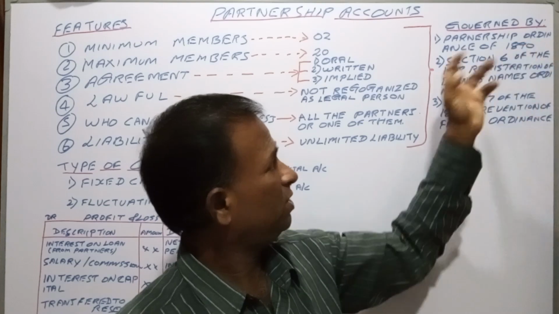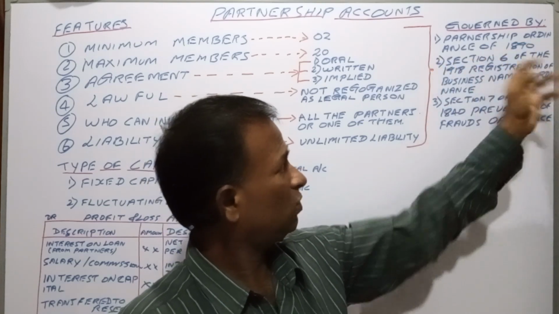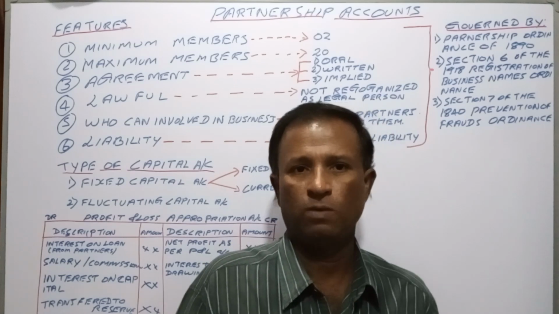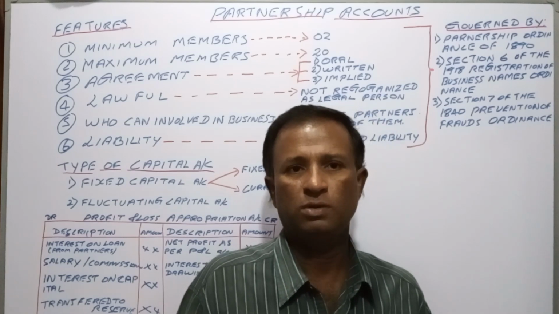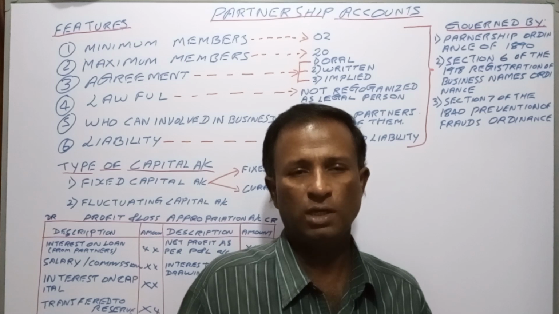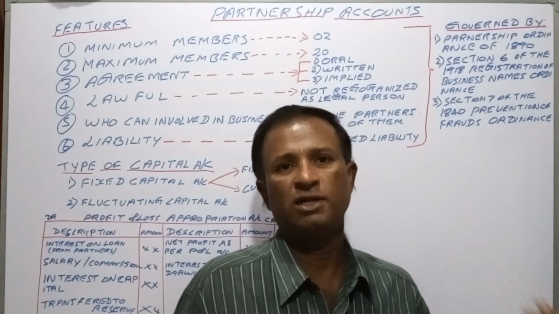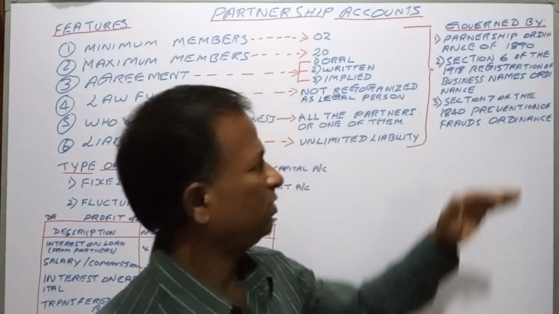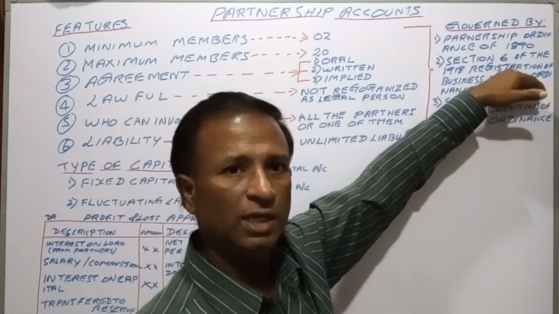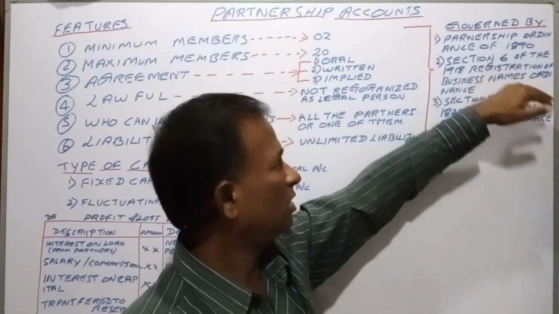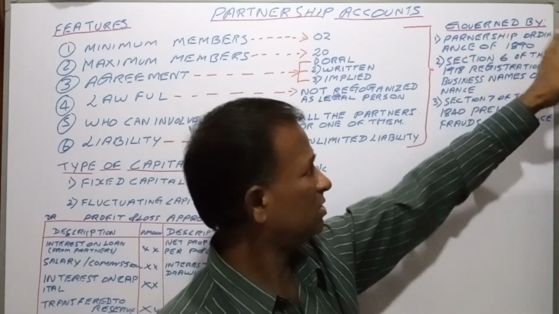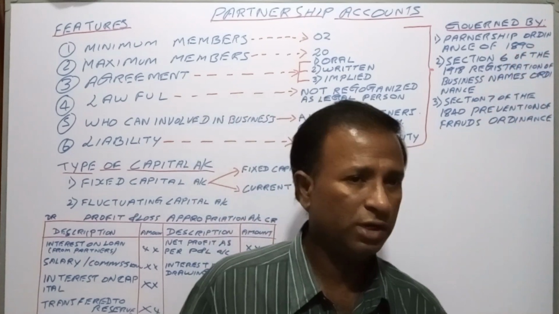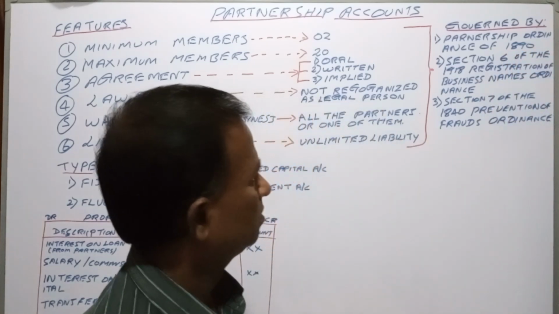Section 6 of the 1918 Registration of Business Names Ordinance covers sole proprietorship and partnership also, right? So the name of the partnership has to be registered under section 6 of the 1918 Registration of Business Names Ordinance. Okay.